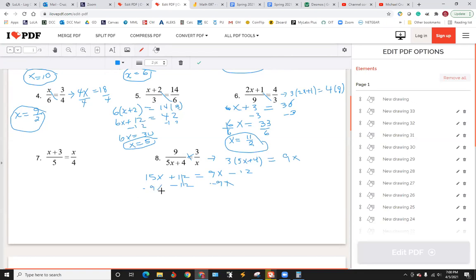I've got x equals -2. That sounds about right. So that's 6x is equal to -12, so x is equal to -2. And again, on this side, it's going to be 3 over -2 or -1.5.